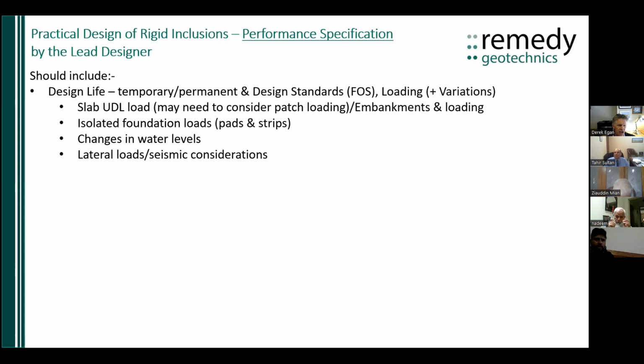So if we look at a performance specification, this should include things like design life, temporary or permanent, design standards, if we're using a design standard, if there's one available, or something like a series, should be ensuring that the factors of safety, the different components are indicated, and it should also give the loading and any variation of loading that is applied to the ground improvement system.